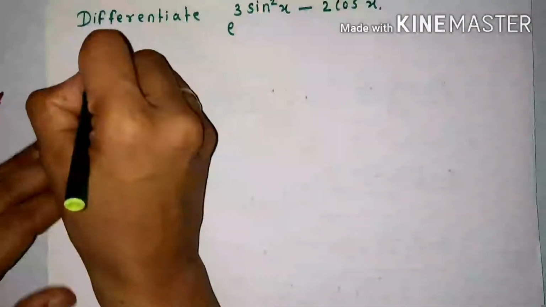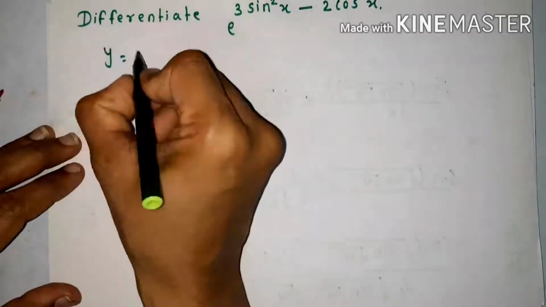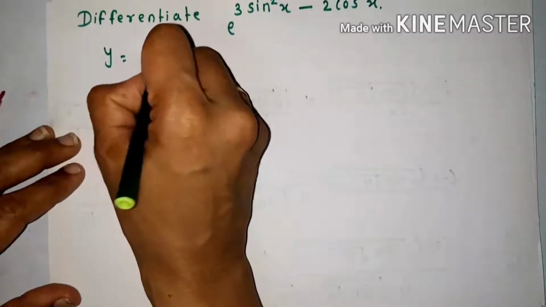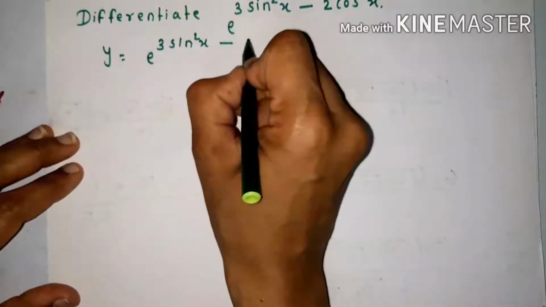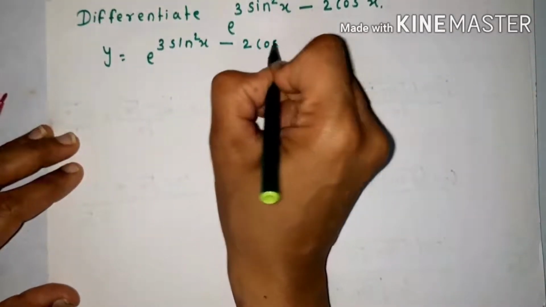Now let y equal to e raised to 3 sine square x minus 2 cos square x.